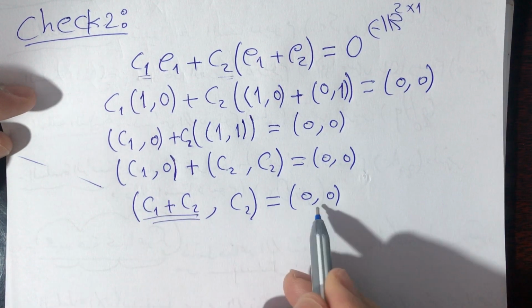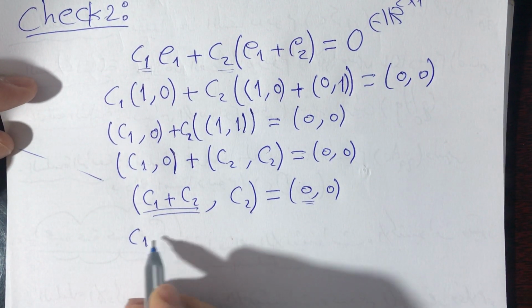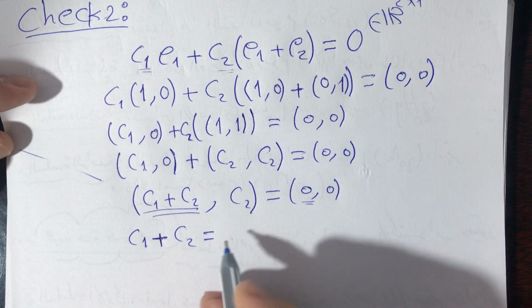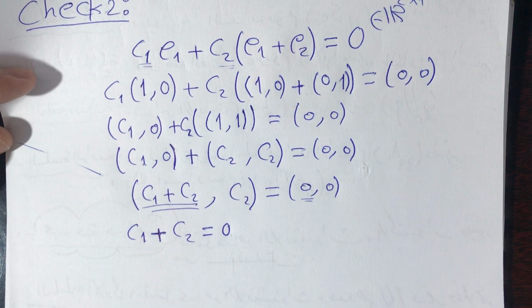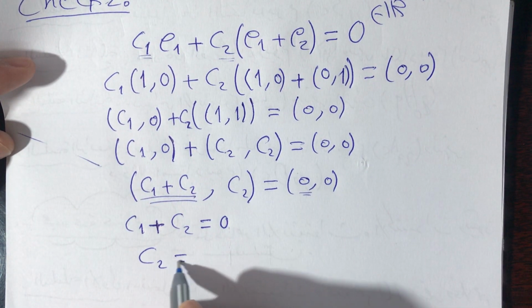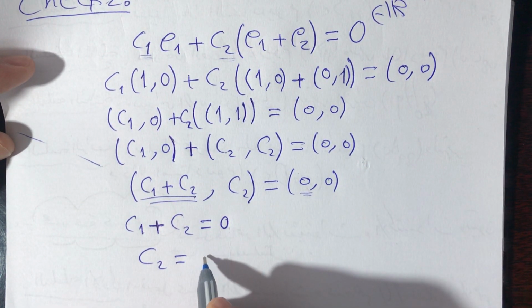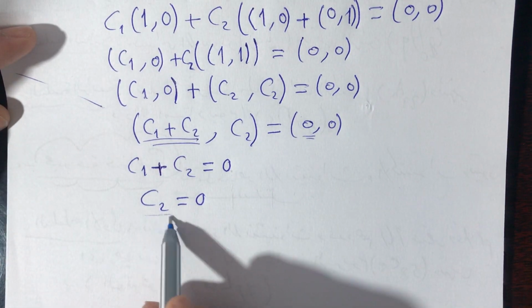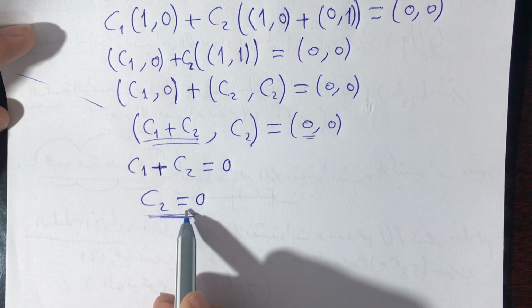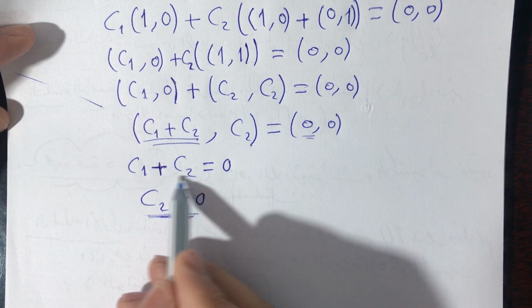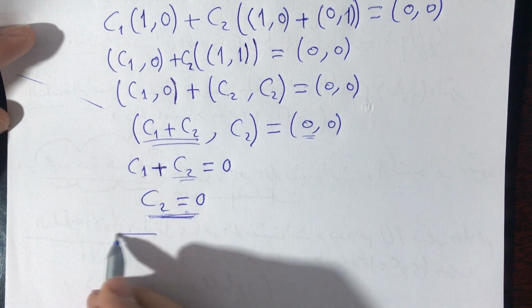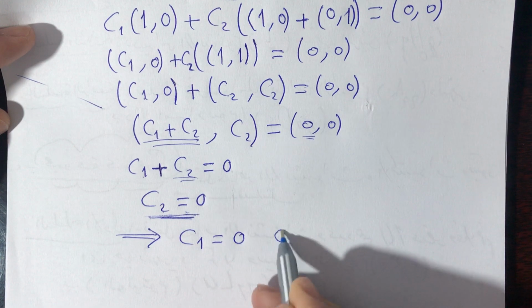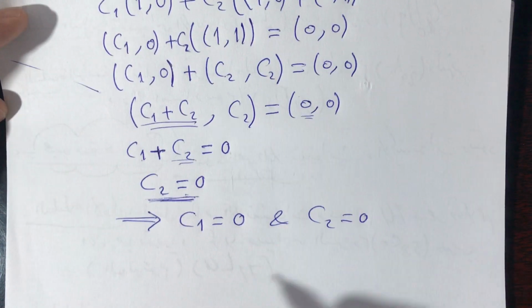I know that C1 plus C2 equals 0, and C2 is equal to 0. If I put 0 here, C1 will also equal 0. This implies that C1 equals 0 and C2 equals 0.